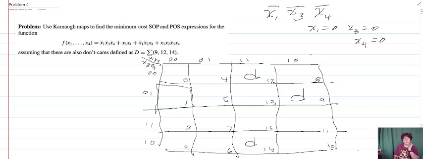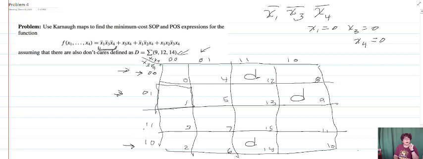Now this is a 4-variable Karnaugh map, and in a 4-variable Karnaugh map, if you have 3 variables in your term, that's going to correspond to a group of 2. So where x1 is 0, x1 is 0 in this column and this column, x3 is 0 here and here, and x4 is 0 here and here.